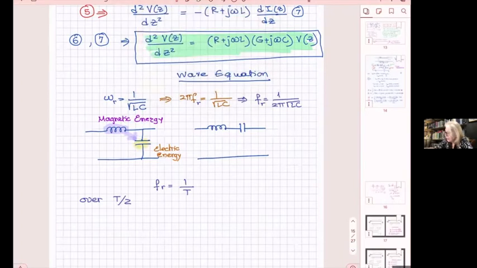The magnetic energy is depleted and becomes electric energy. And this is going to happen over T over 2.